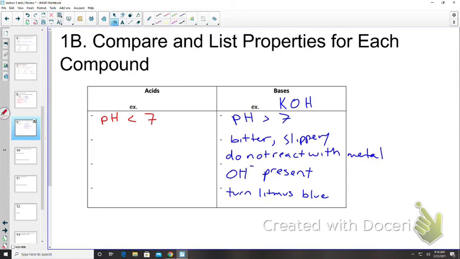Okay. So conversely, acids are sour. They're what? Sorry. Corrosive. Yep. Reacts with metal to form gas.